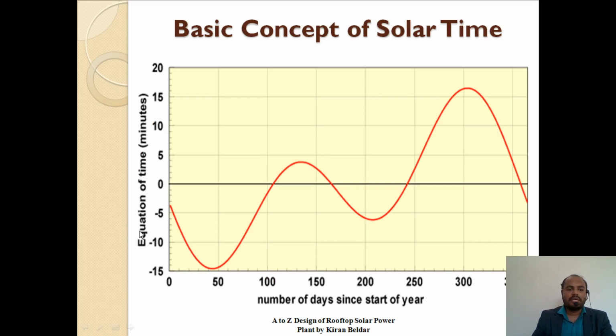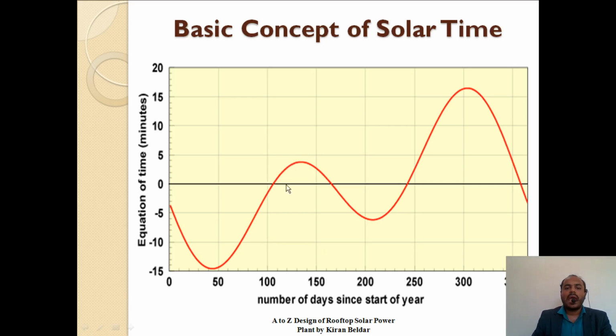This curve has been given. On the y-axis there is the equation of time in minutes, and on the x-axis there is the number of days since the start of the year. As the year starts, we observe that the equation of time is negative. After the completion of the 100th day, the equation of time is 0 and it continuously increases up to about the 150th day.